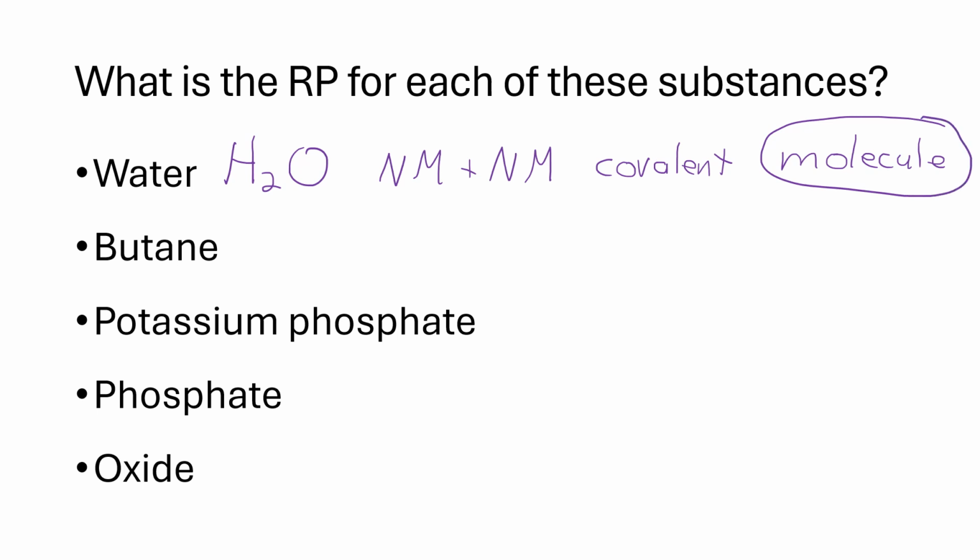For butane, that's an alkane. The formula for butane is C4, right? The but prefix tells us 4 carbons. And then to get the number of hydrogens, we double that and add 2 more. So that would be 2 times 4 is 8, plus 2 more is 10. If we're looking at the elements here, that's a nonmetal plus a nonmetal, so it's going to be covalently bonded, and so that's going to be a molecule as well.